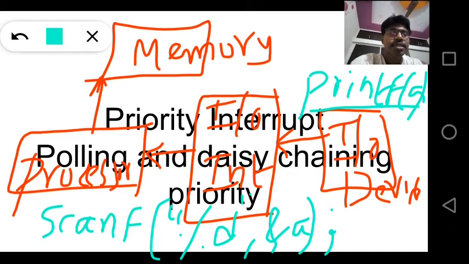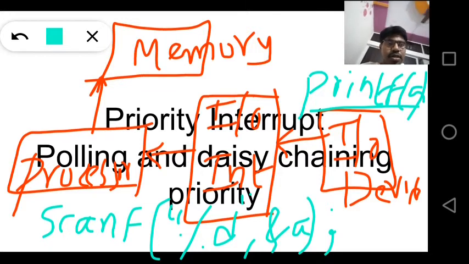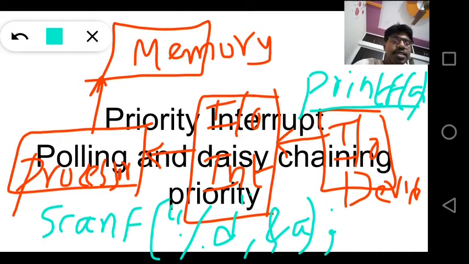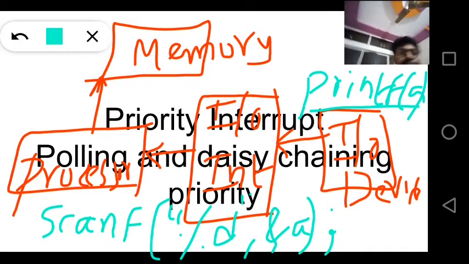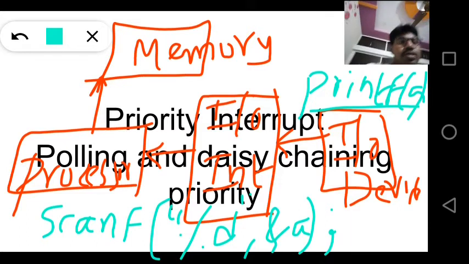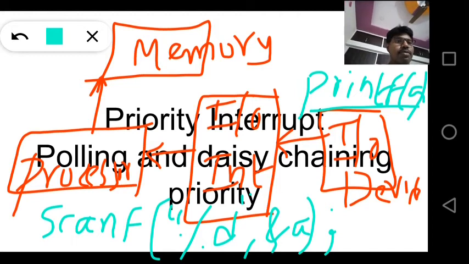You know that this ampersand indicates the address. So what does the scanf function expect when the processor sees this instruction? It expects the user to enter some data using the keyboard.